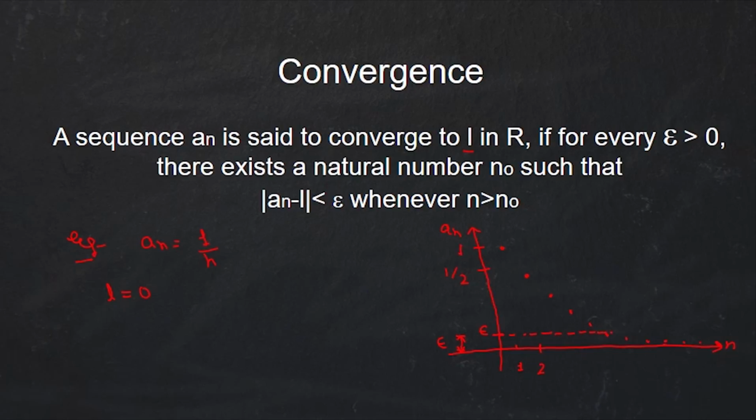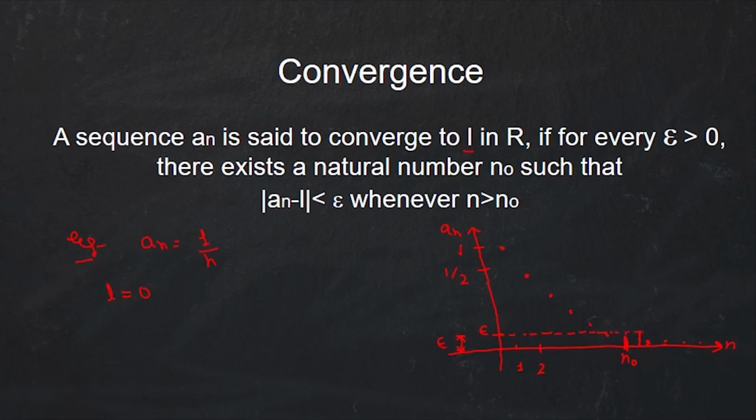This will be my n0, and you can choose n0 to be this. So after this n0, a_n minus 0 is less than epsilon. This distance is less than this distance.